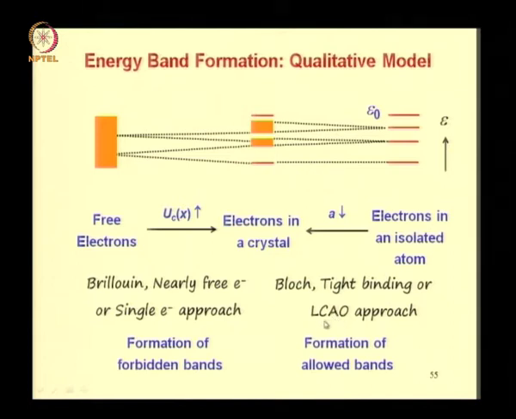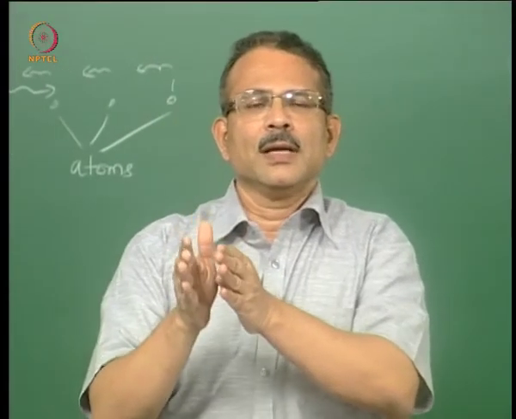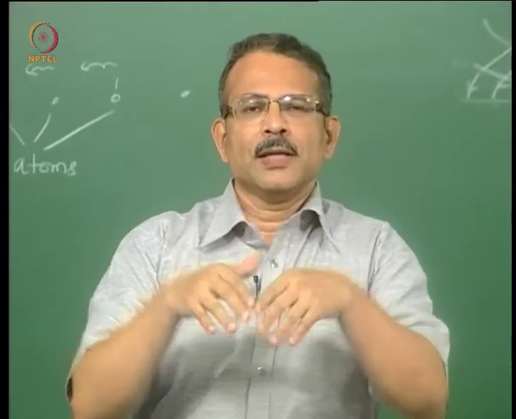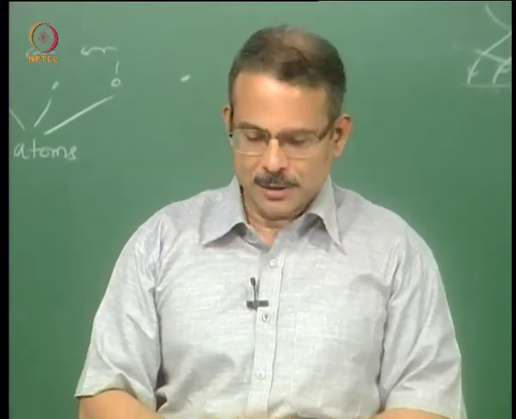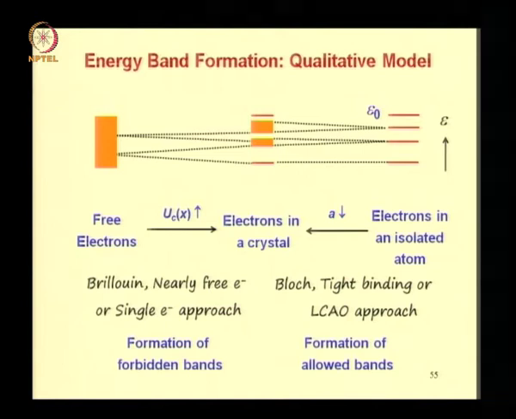So you superpose these wave functions to get the picture of a crystal, where you have a number of atoms. So consider the wave functions associated with every atom, and you superpose them, then you get the picture for a crystal. So this approach is referred to as LCAO approach.